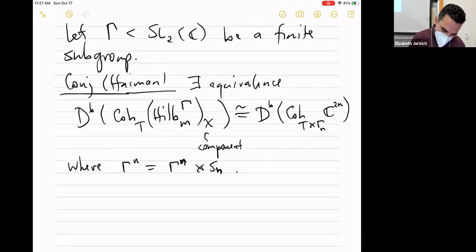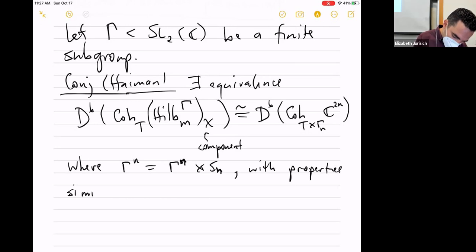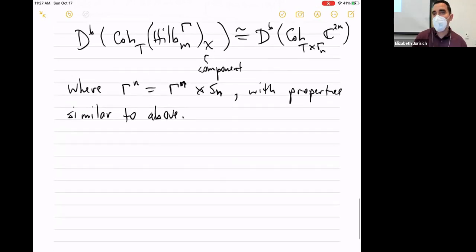So this was proved, so there is an equivalence, and I'll be a little bit vague, with properties similar to above, similar to the ordinary Macdonald case. So fixed points go to some objects called wreath Macdonald polynomials, and there's an analog of the positivity that you had.